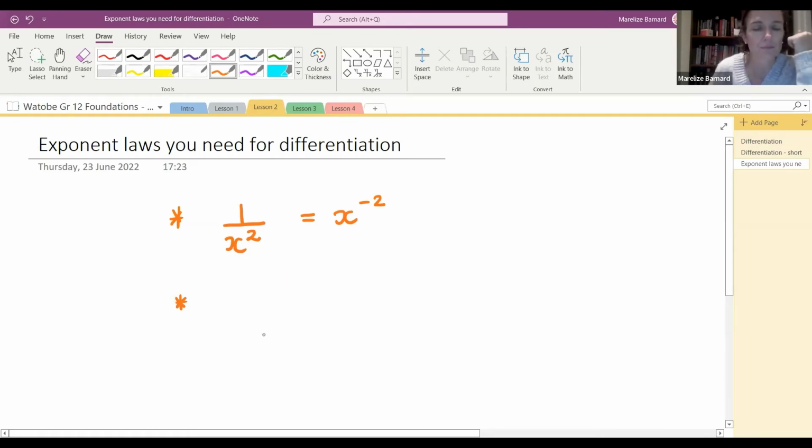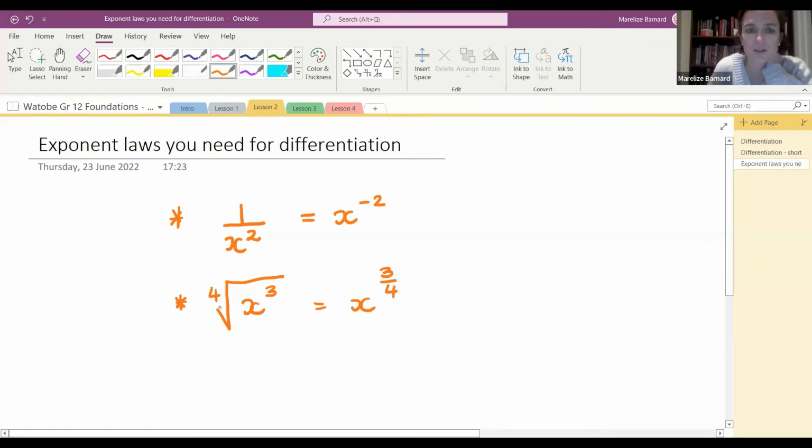Now, the second thing we need to remind ourselves of is if I have x to a power, any power, in this instance, I'm making it up, say it's 3, and there's a root, then to change that into an exponent, I say x to the power of 3, so I take the inside exponent divided by the degree of the root, so 3/4.